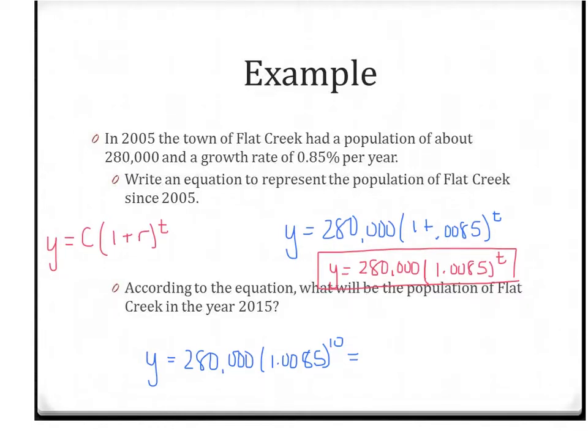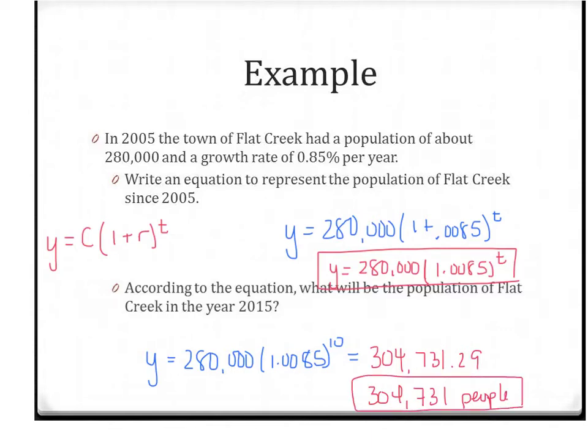And try and make sure you can get the correct number in your calculator. I get 304,731.29, and we can't have 0.29 of a person, so let's just make it 304,731 people.